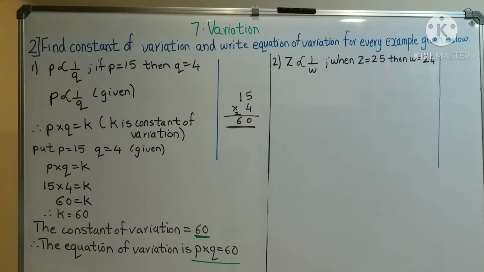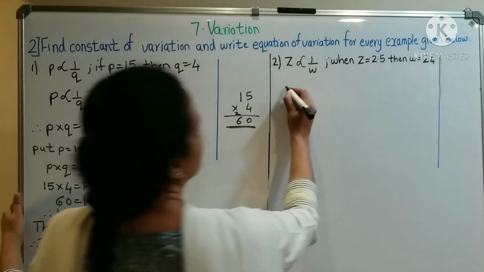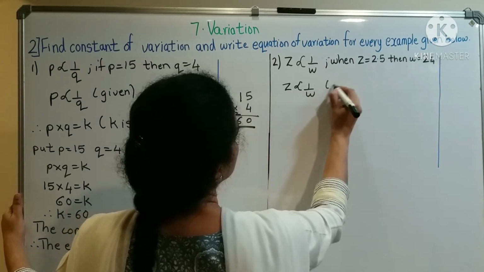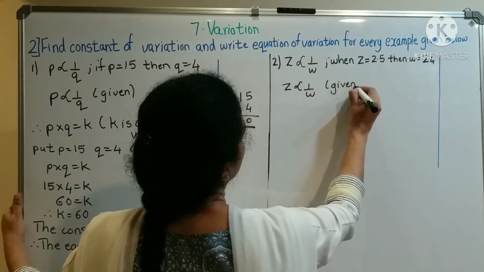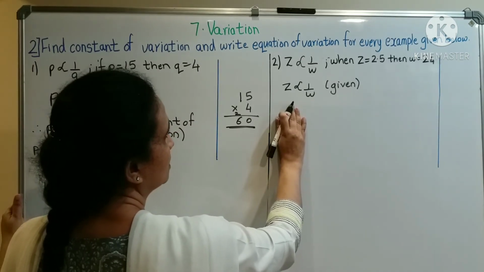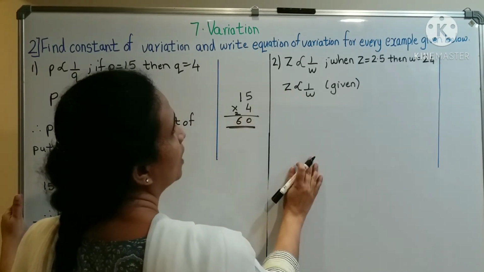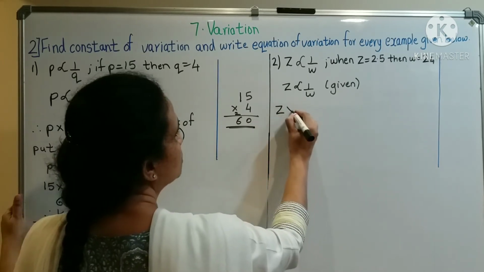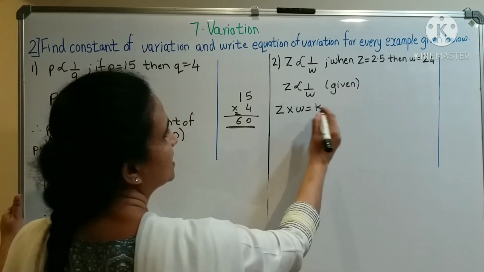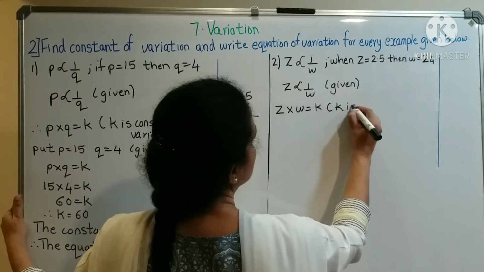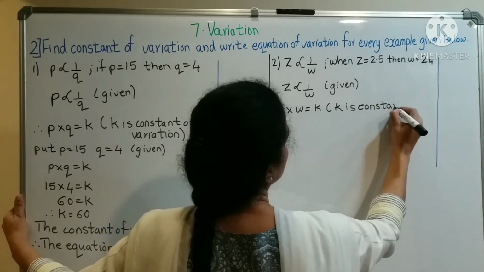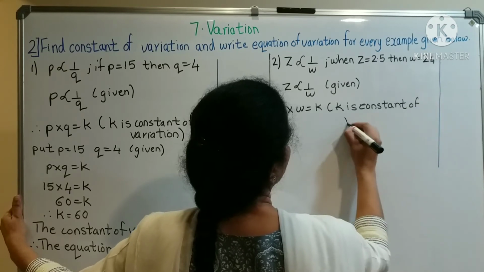Now we'll solve the second example. Z inversely varies to W. This is given. Now, in case of inverse variation, the product of two quantities is equal to constant, that is K. K is the constant of variation.